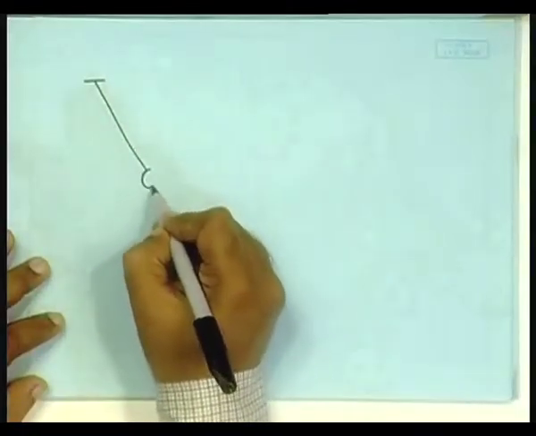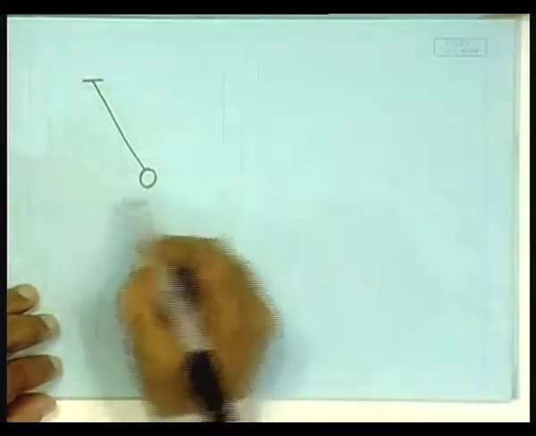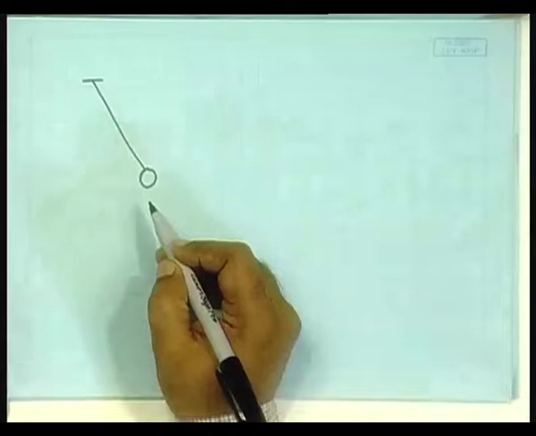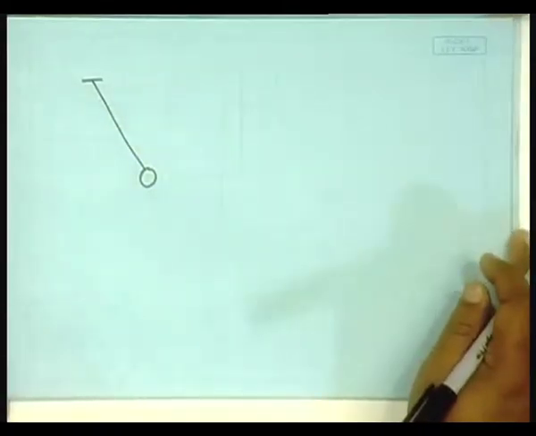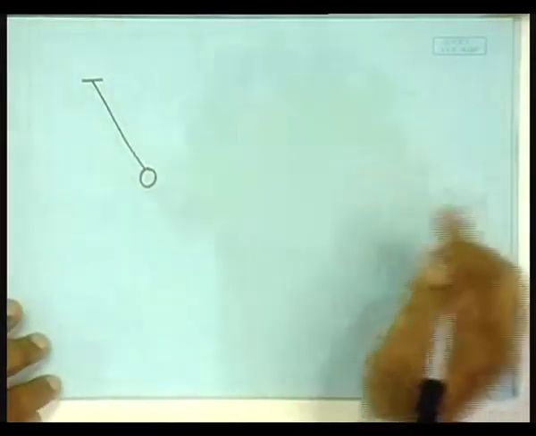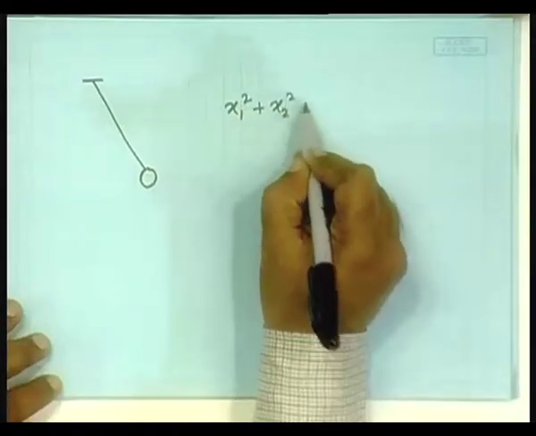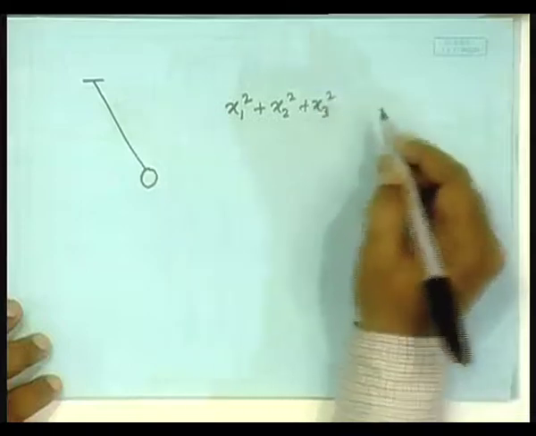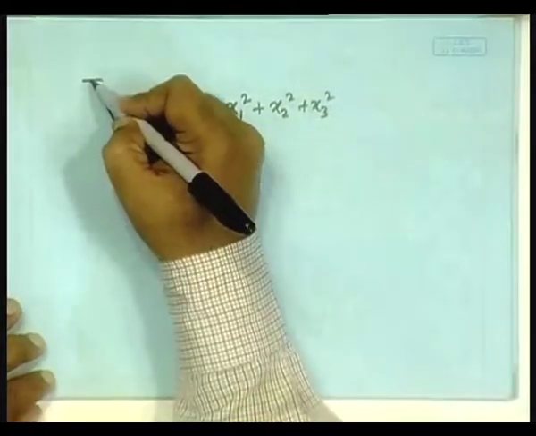First, in case of the simple pendulum, if you express in terms of x, y, z, what is the holonomic constraint equation? It is constrained to lie on the sphere. How is it expressed? It will be x1 square plus x2 square plus x3 square is equal to L square, assuming this to be the origin.